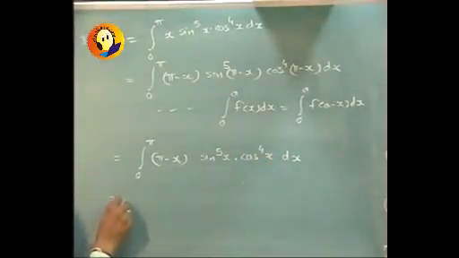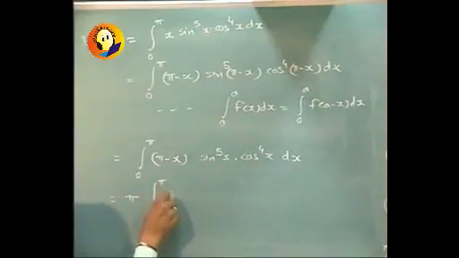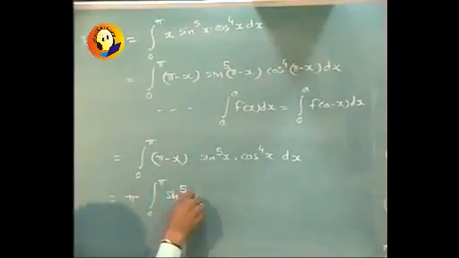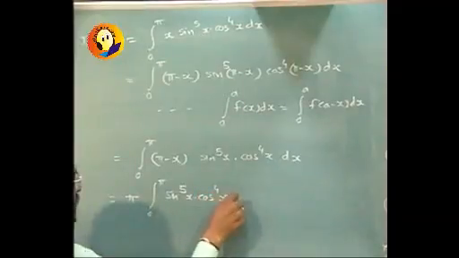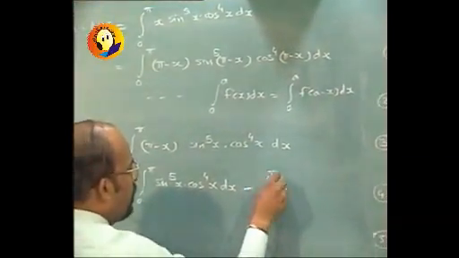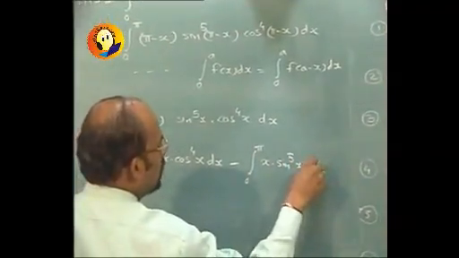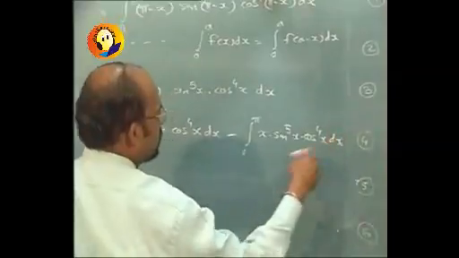And so this can be split up as pi integral 0 to pi sin raised to 5x into cos raised to 4x dx minus integral 0 to pi x into sin raised to 5x into cos raised to 4x dx.